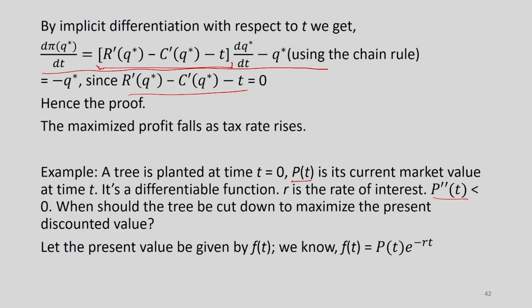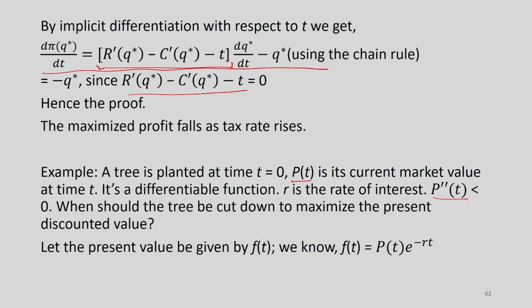The question is, when should the tree be cut down to maximize the present discounted value? We have talked about present discounted value previously. Now we are going to apply that, and we shall see that we are going to be using the second order condition as well.